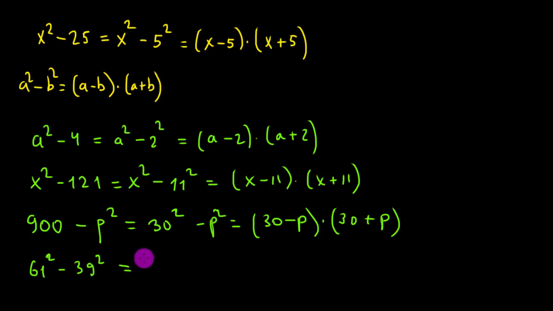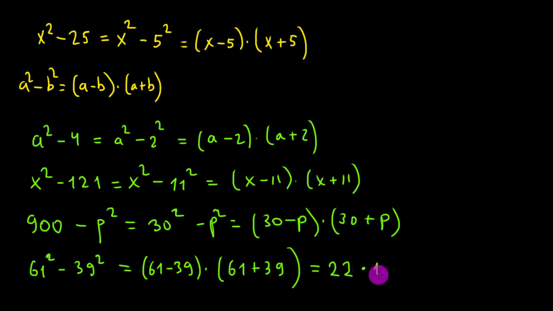According to the formula, it will be 61 minus 39 times 61 plus 39, yeah? So what do you have here? 22, yeah? Here you have 22, and then here you have 100. So it is 2200. That's your answer. Okay, let's have this one.